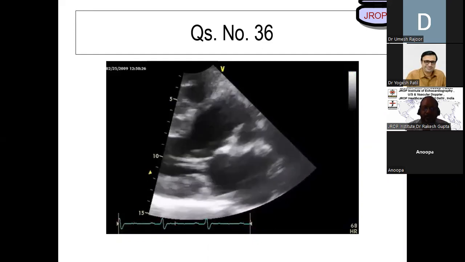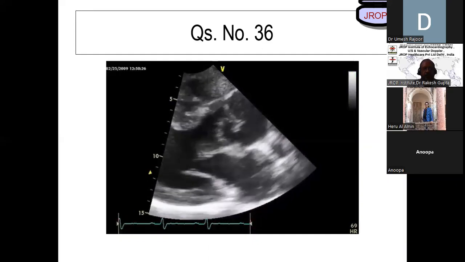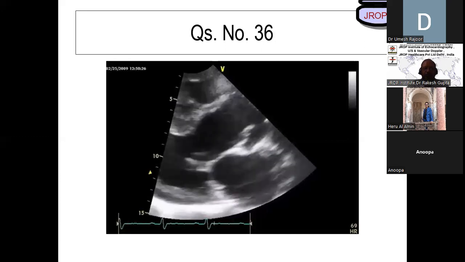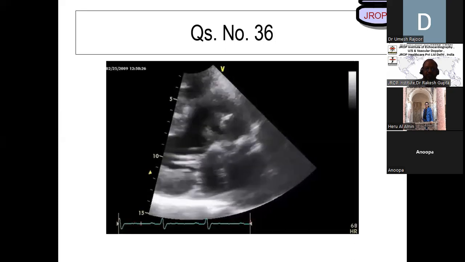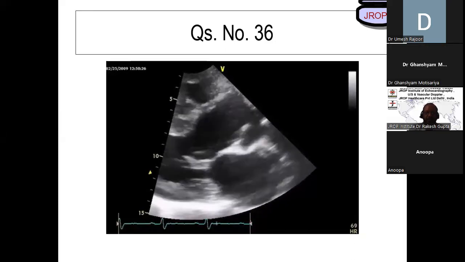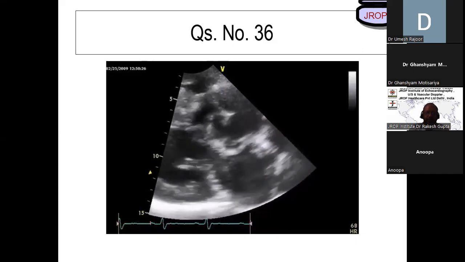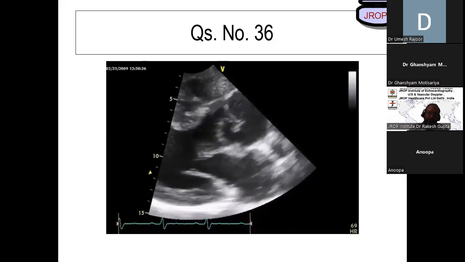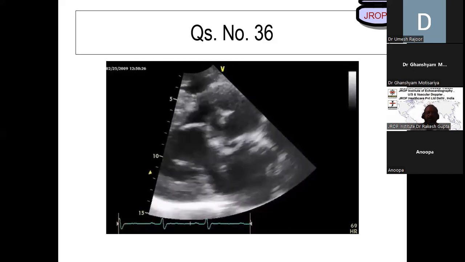First of all, tell me what view this is. Flax view. So what do you see in this flax view? Mitral valve, normal, abnormal? Mitral valve normal, sir. Interventricular septum, normal, abnormal? Hypertrophy. Okay. Then what do you see in the aortic valve?